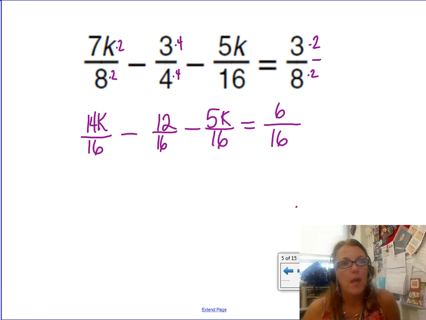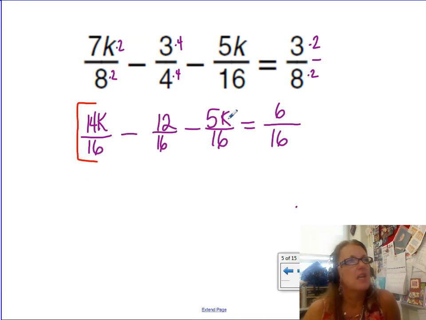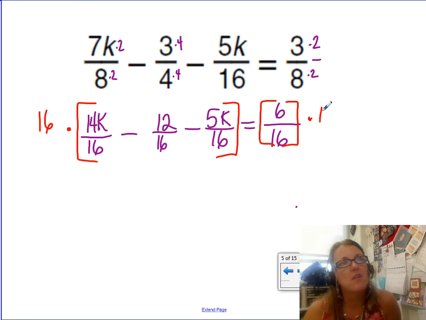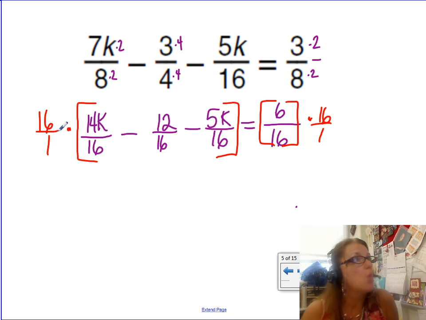Hot diggity dog. Now we're going to use that beautiful distributive property. If I multiply by 16, I have to be fair and do the same thing over here. 16 over 1. And what it does is whoosh, clears the denominator totally out of there.